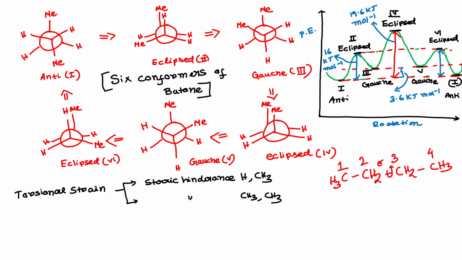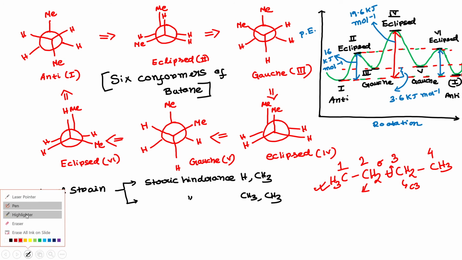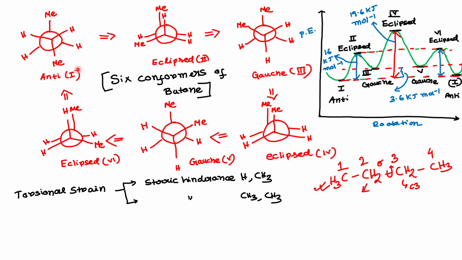Now you can see that this C2 carbon atom is attached with one methyl group and two hydrogen atoms. Similarly, this C3 carbon atom is also attached with one methyl group and two hydrogen atoms. So these are the six conformers formed due to the rotation around this sigma bond.